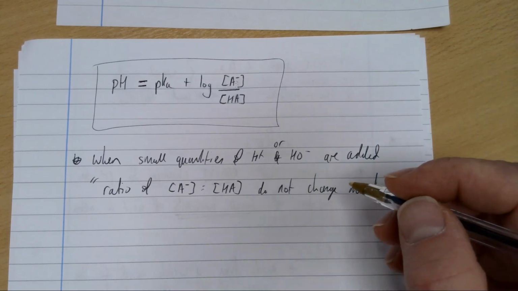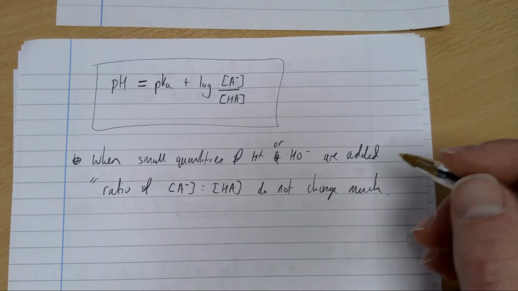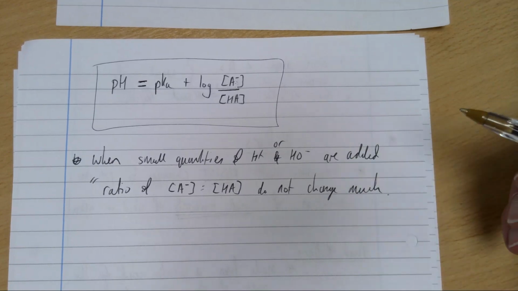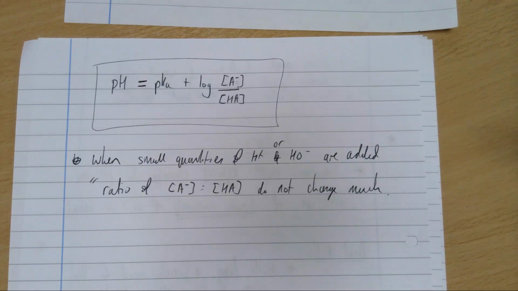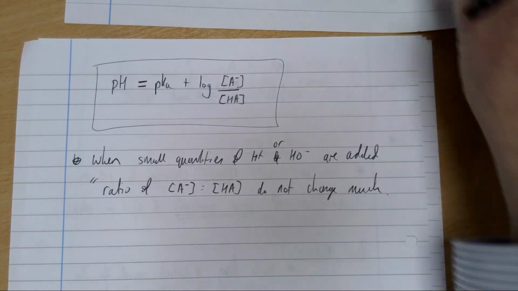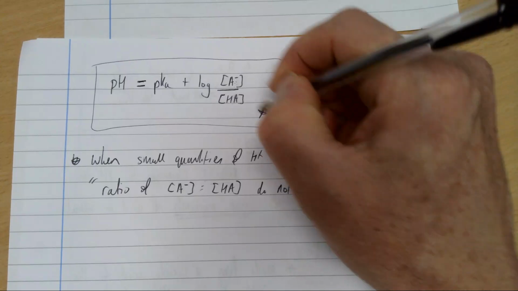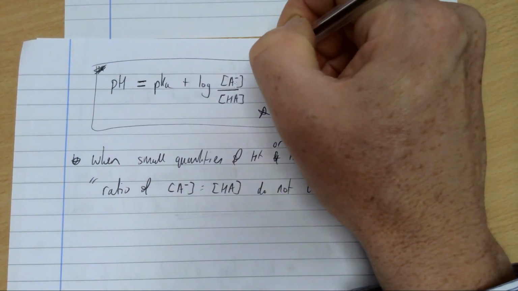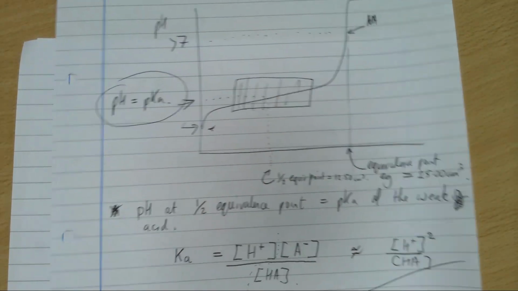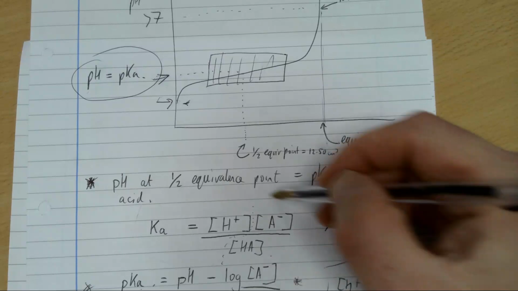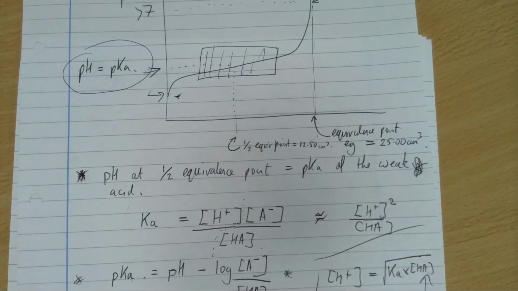Now, where we're going to head with this, so I don't think we'll go there today, is we're going to do buffer calculations. And all you've got to do with buffer calculations is plug numbers in, either to this equation, which I'm not going to teach you, or you plug numbers into an equation you already know, which is this equation here, and they'll be dead simple. I will do that next time.